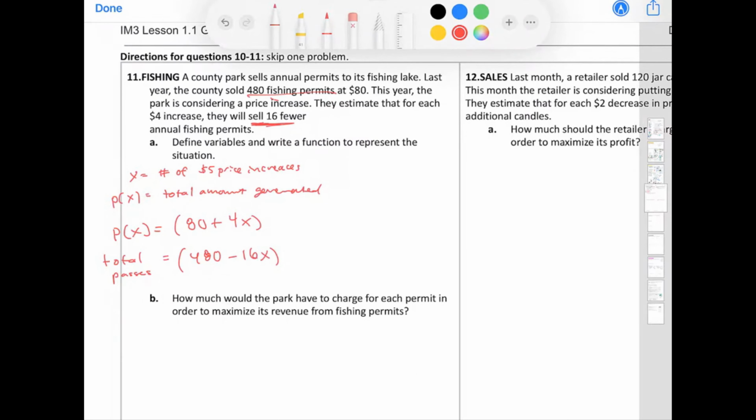Okay, so then I just need to multiply those two. So 80, doesn't matter how you put this on here.